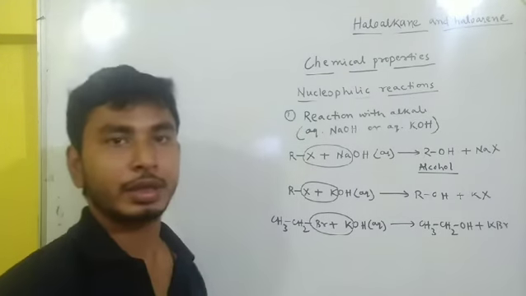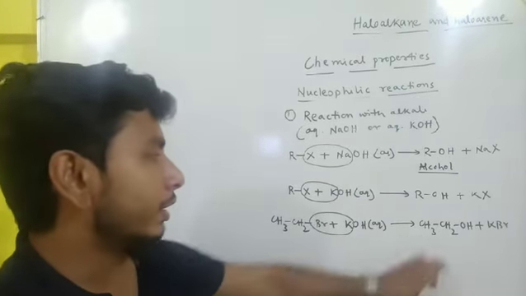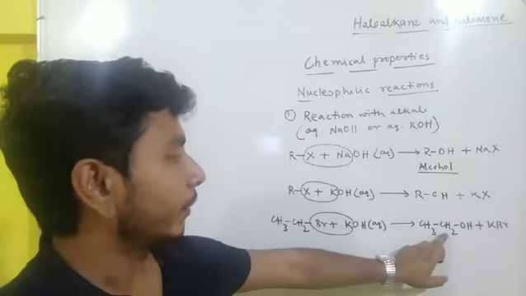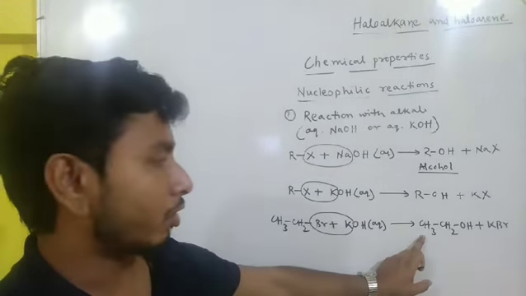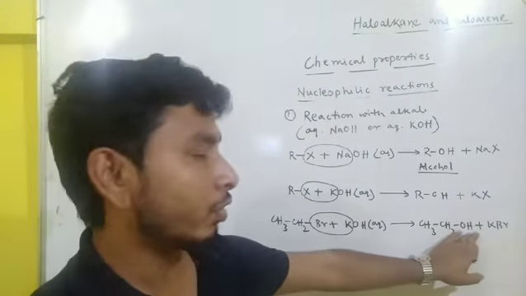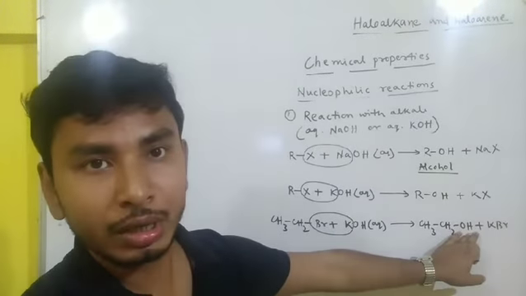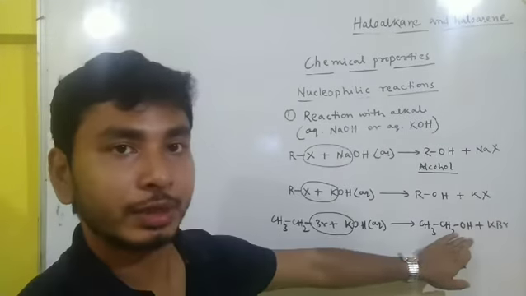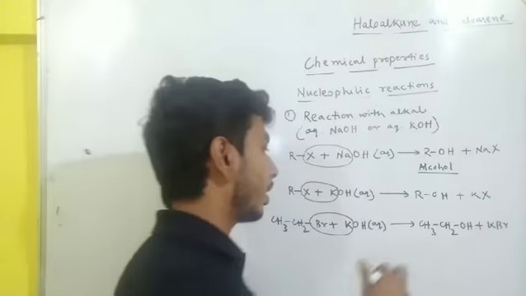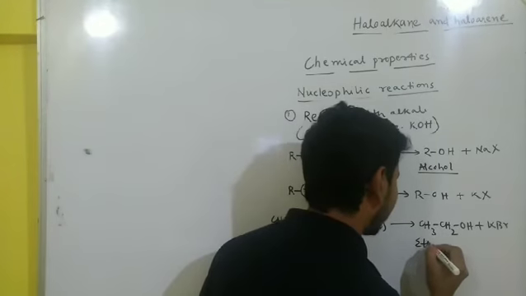What is the name of the product? CH3CH2OH. Two carbons is called eth, and for the OH group, CH3CH2OH is called ethanol.